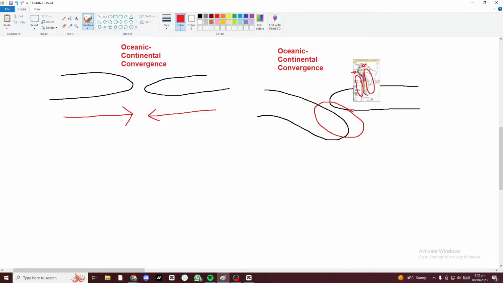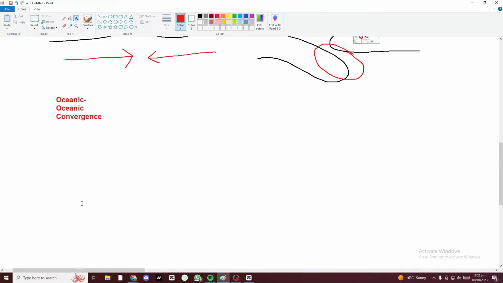Now let's move on to oceanic convergence. So this occurs when two oceanic plates collide and the denser of the two oceanic plates subducts beneath the other.